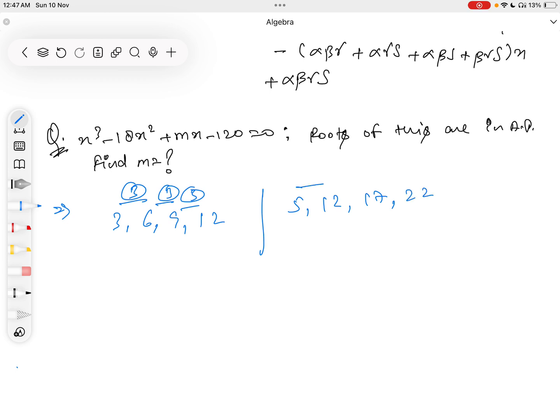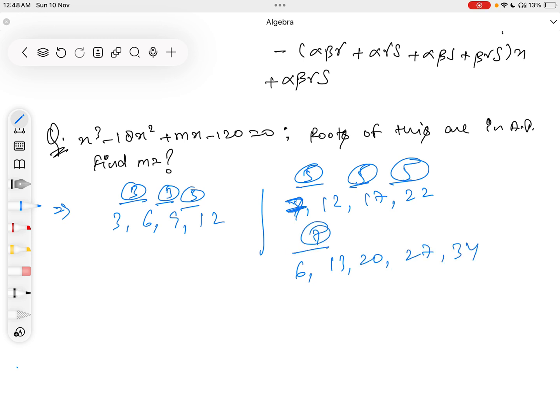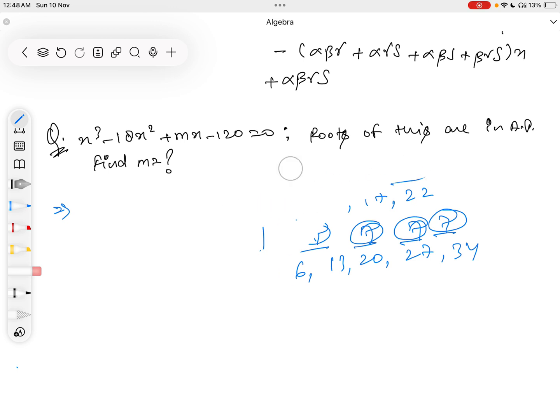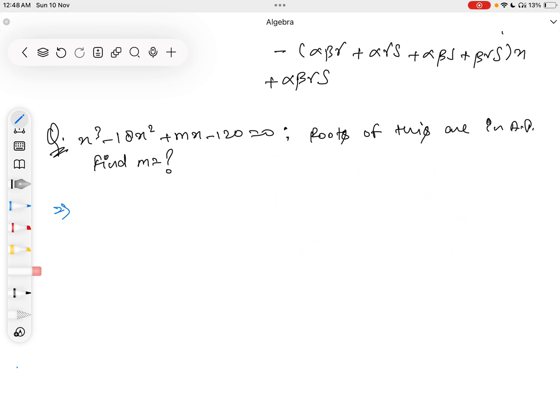Okay, this is wrong. Let's take it 7. So here 5, here 5, here 5. This is an AP. If I take 6, 13, 20, 27, 34, look, difference is 7, difference is 7, difference is 7, difference is 7. This is an AP. Okay, so now let's come back to the question.